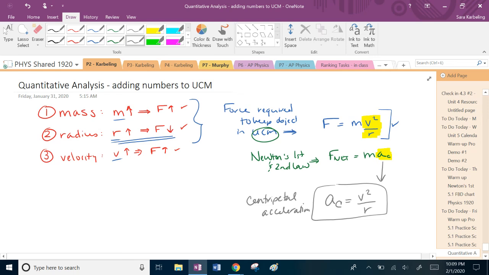There are a couple of problems in your textbook, some example problems that I would encourage you to take a look at. They are on page 288, numbers 1 and 2, and page 230, numbers 1 and 2 as well. There are answers to these questions. I'm just going to write this down: answers and solutions on Canvas.